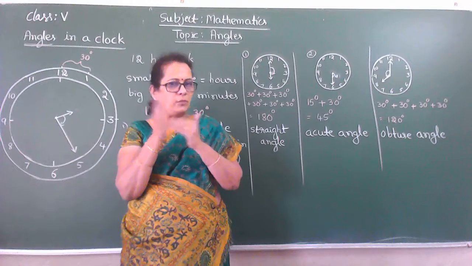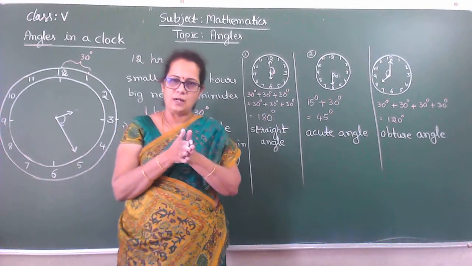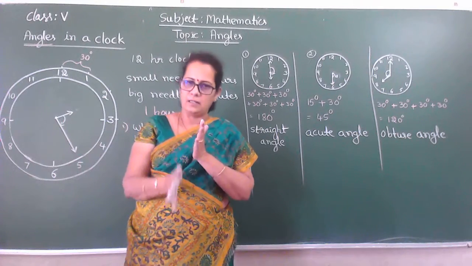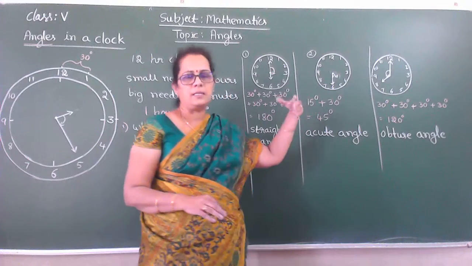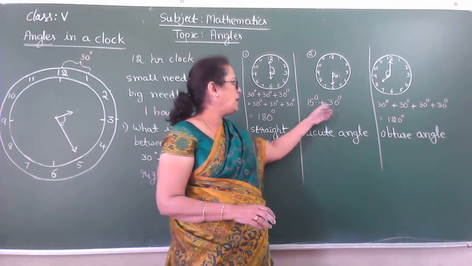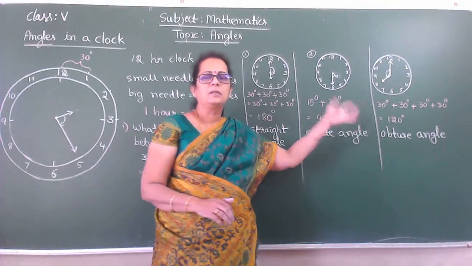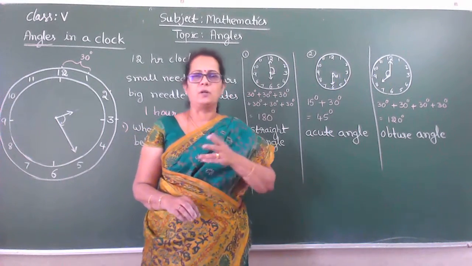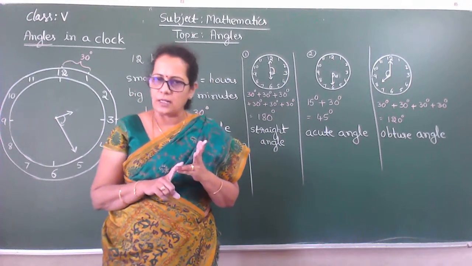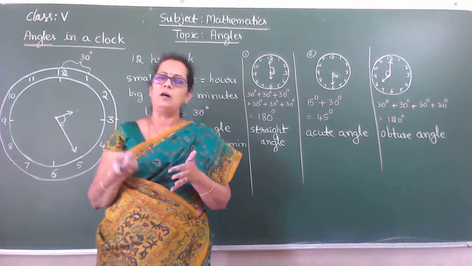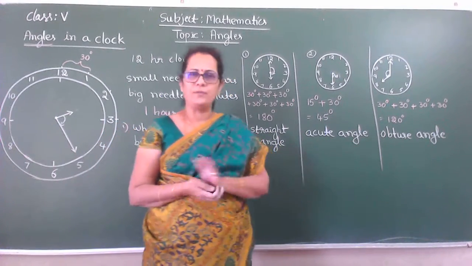If it is between the numbers, then you make it into half, that is 30 degree, half means 15 degree. Then you mention it as 15 degree. Then you add all the degrees, you will get the answer. So remember the types of angles, whether it is right angle or acute angle or obtuse angle or straight angle. Then you mention that type of angle.